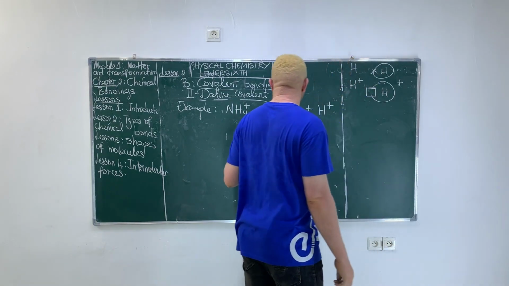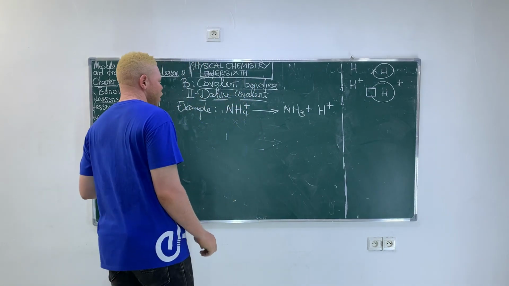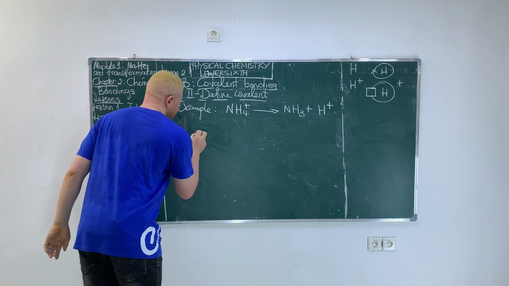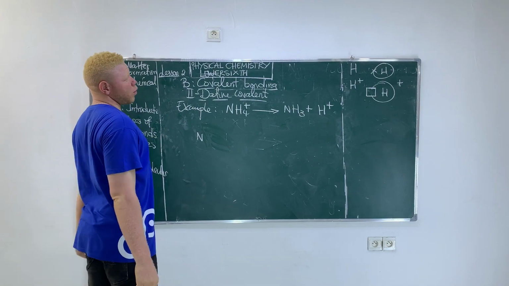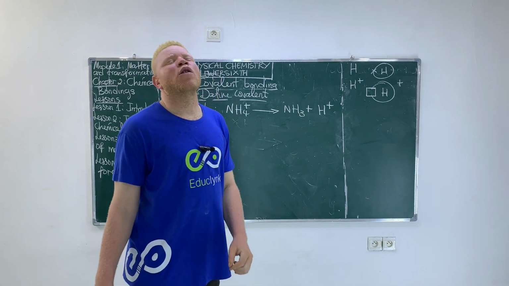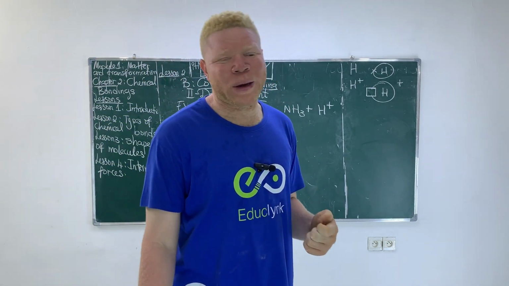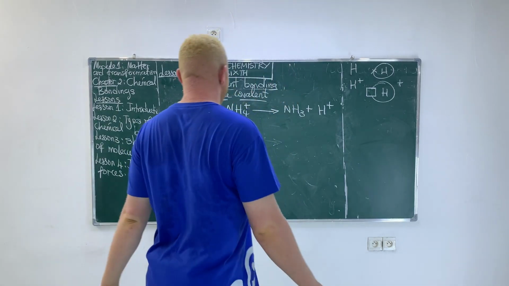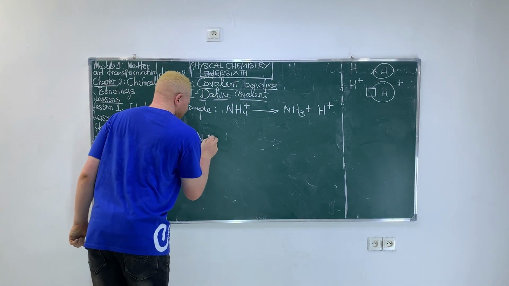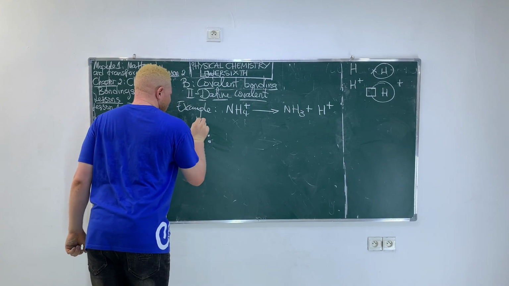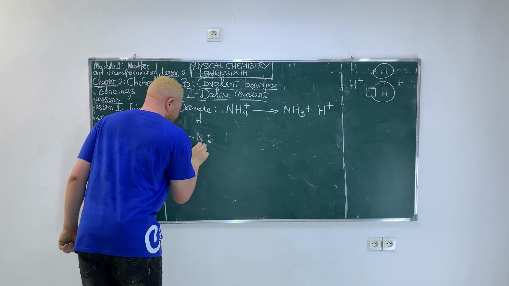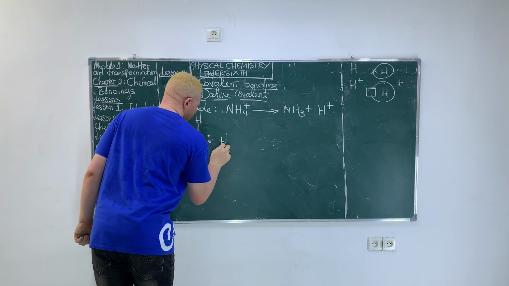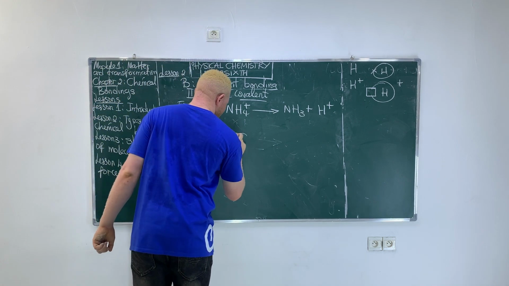So let's draw the chemical bonding. So this is the molecule of ammonia, N. Remember what we saw about ammonia? Ammonia has one lone pair of electron. So ammonia with one lone pair of electron. H plus, hydrogen.